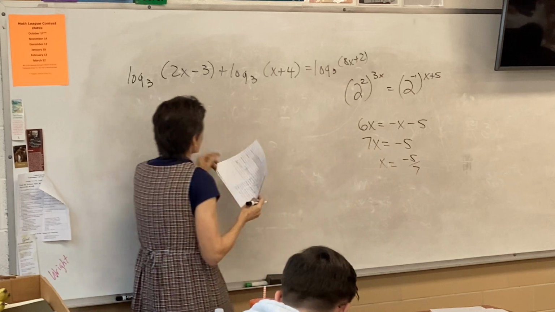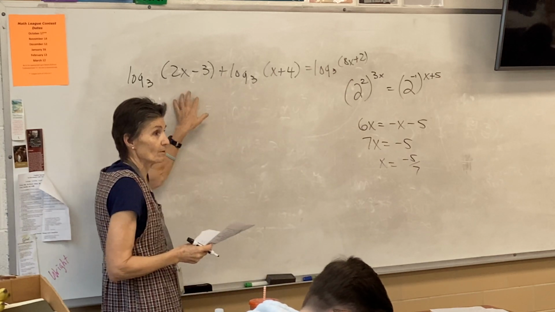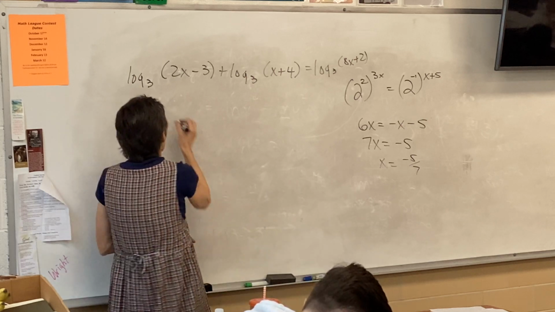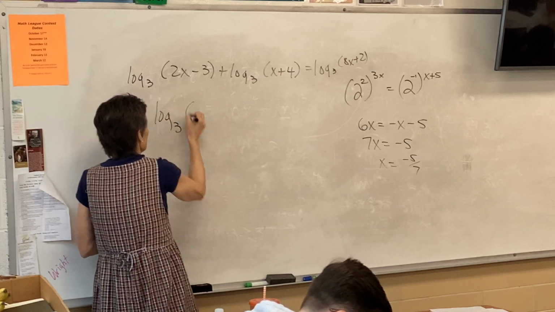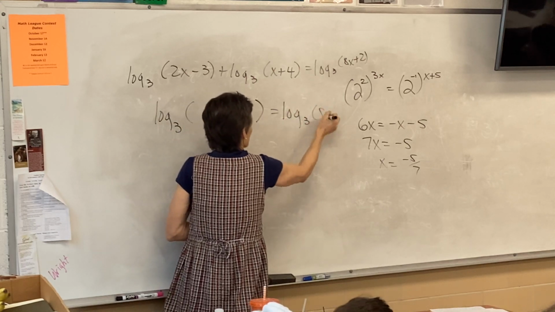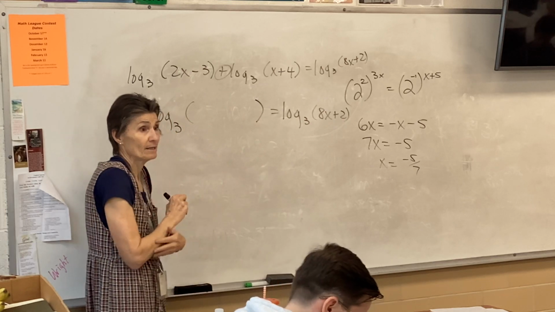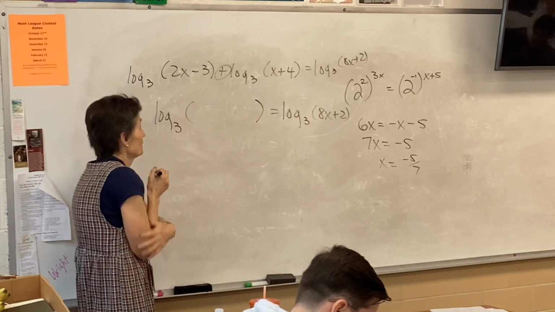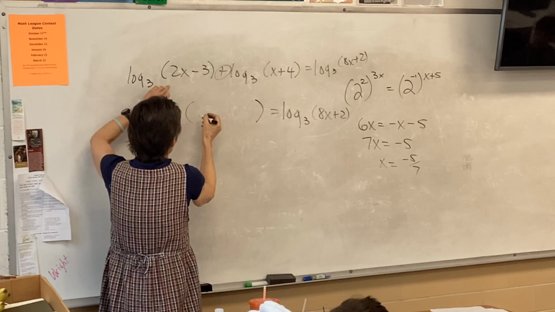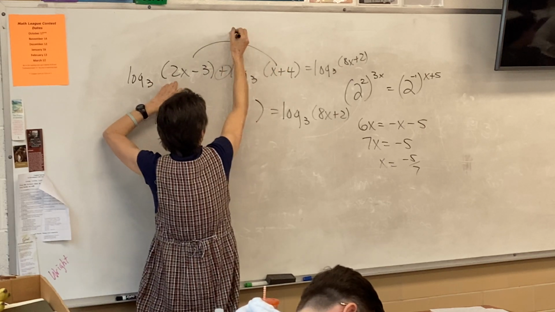You can't do this problem with these two logarithms here, so you gotta put them together. And as Oscar said, when I put them together, they're gonna go together as a multiplication because that's an addition. So that's gonna be, oh boy, these two times each other.